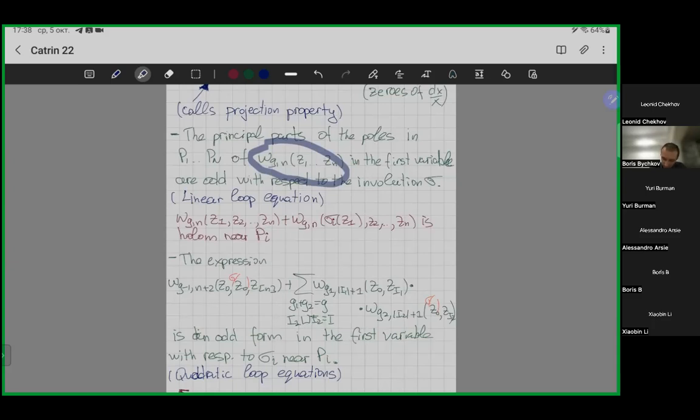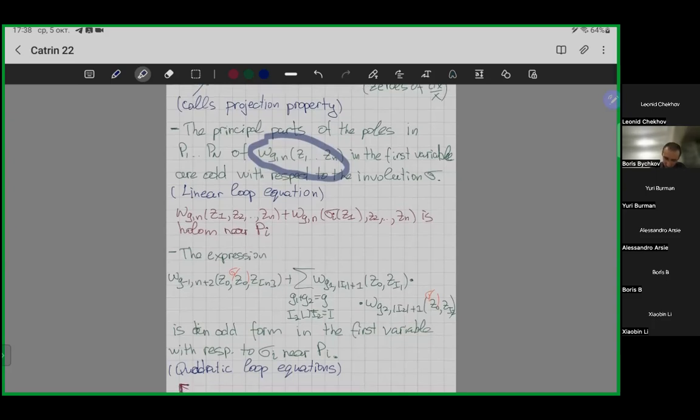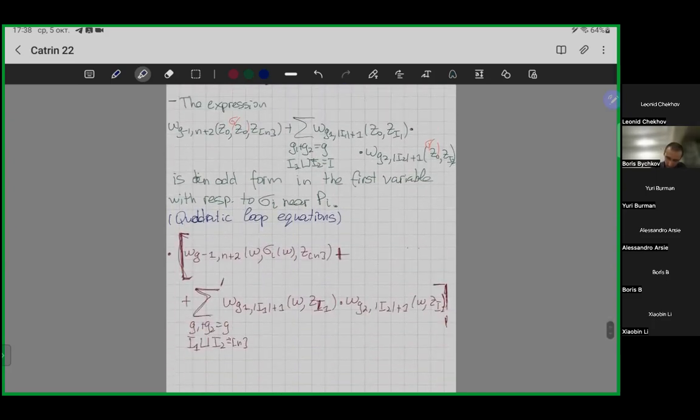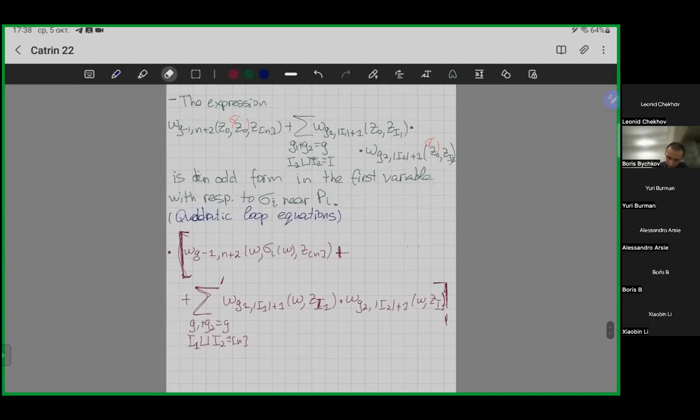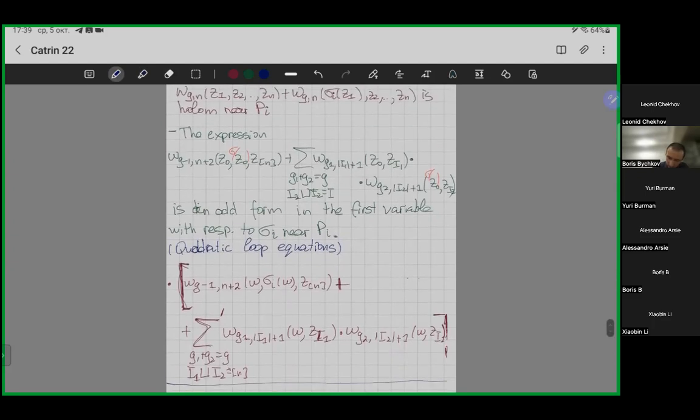So let's start with the quadratic loop equation and rewrite it a bit.